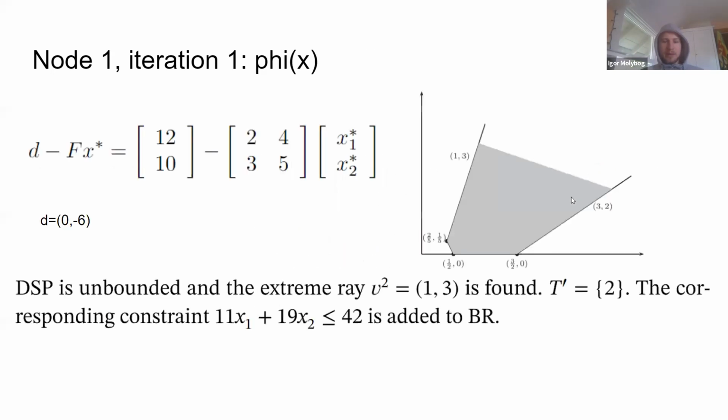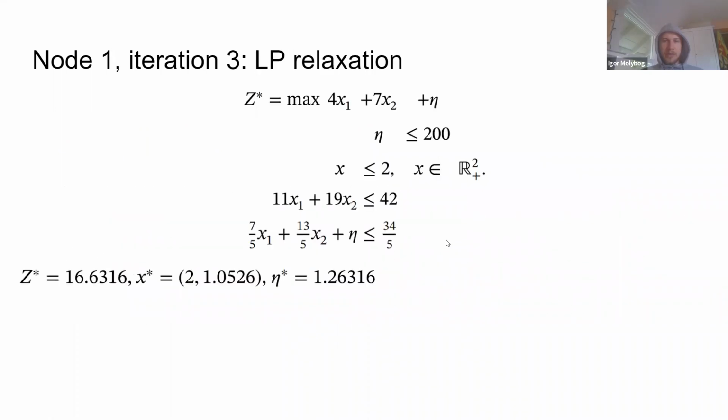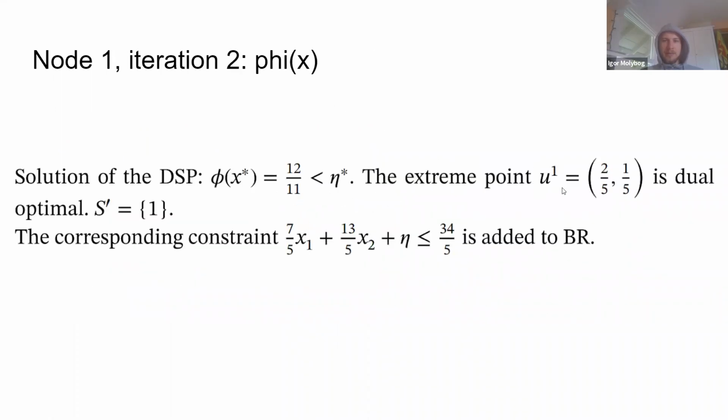If we take a look at this example over here, we would see that it's this point over here, which we have found. And now we can add this extreme point to our set, and we can add the corresponding constraint to our master problem.